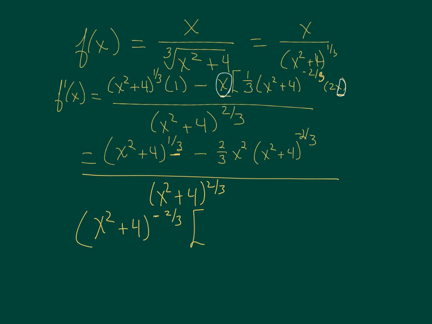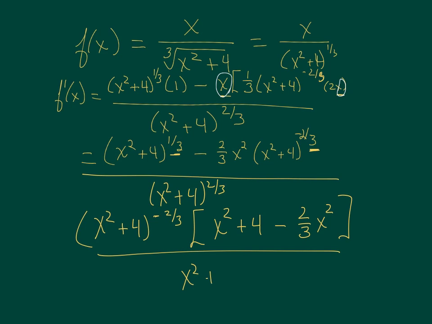So 1/3 minus a negative 2/3 gives me 1. So we have x squared plus 4 minus 2/3 x squared. And x, if I divide this by itself, we just get 1. And this is all over x squared plus 4 to the 2/3.